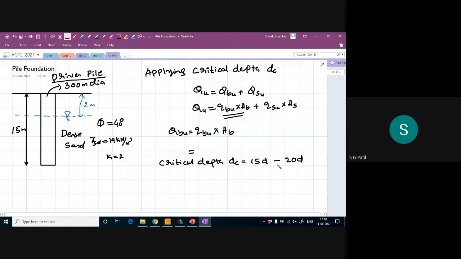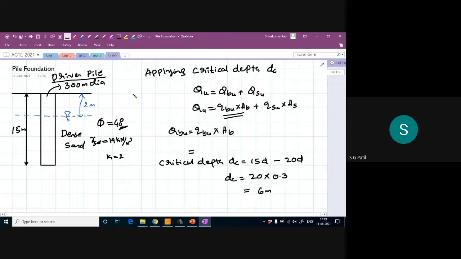If your phi value is more than 35 degree, then usually 20 times. Here the phi value is 40 degree, so I will take 20 times D. So critical depth is equal to 20 into the diameter of the pile, 0.3, around 6 meter. So 6 meter is my critical depth.